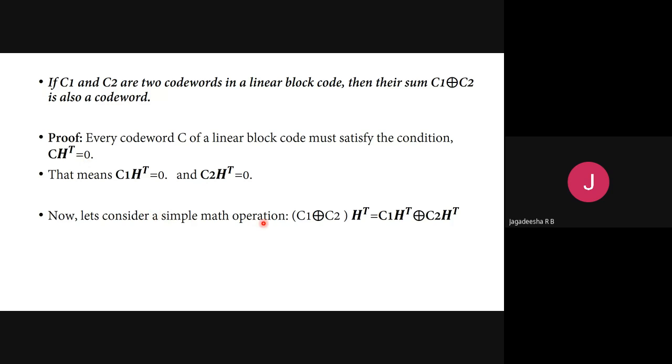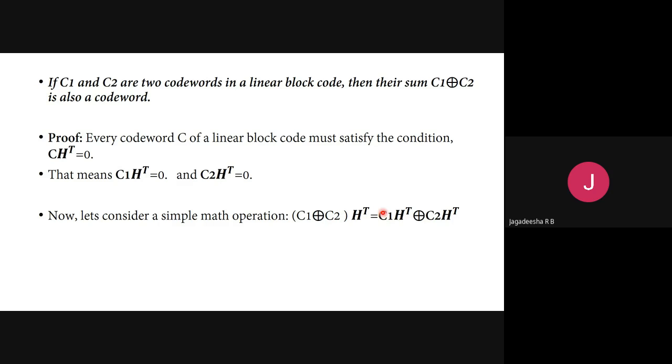Now let us consider a simple math operation: C1 XOR C2 and H transpose, because they are both zeros, right? C1 H transpose is equal to 0 and C2 H transpose is equal to 0. From that, we collectively have this common term here, C1 H transpose and C2 H transpose. That's equal to C1 H transpose plus C2 H transpose.